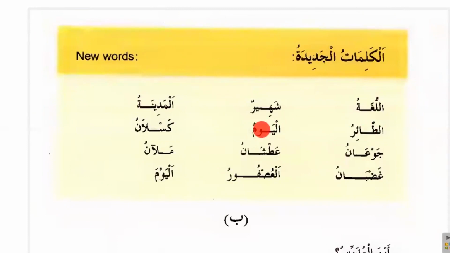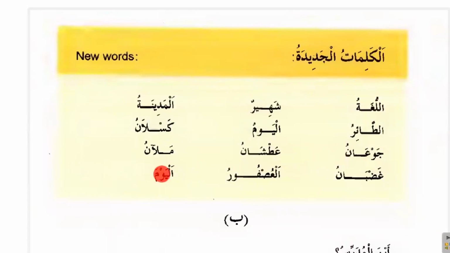Al-yawm, the day. Kaslan, lazy. Ju'an, hungry. Atshan, thirsty. Mal'an, full. Ghadbanu, angry. Let's talk about anger. Al-'usfur, the sparrow, the small bird.